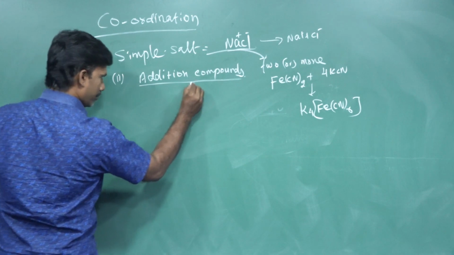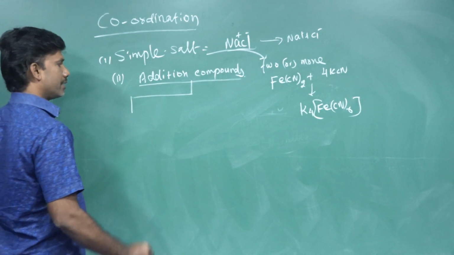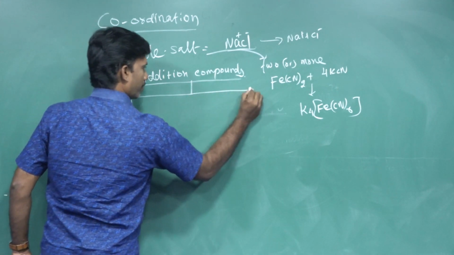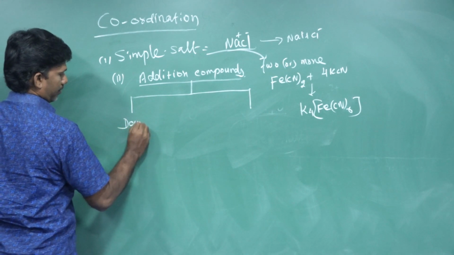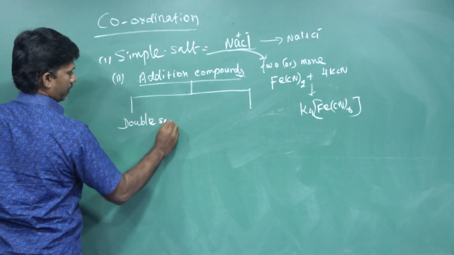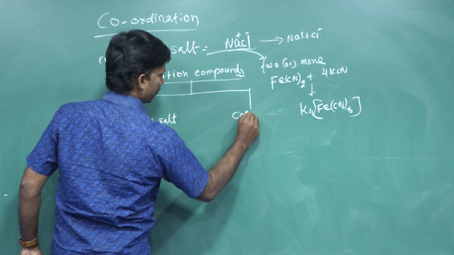Then the addition compound can be classified into two types. One is a double salt. Another one is a complex, or coordination compound.